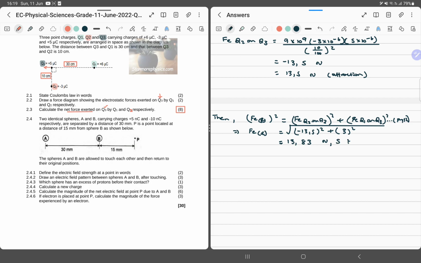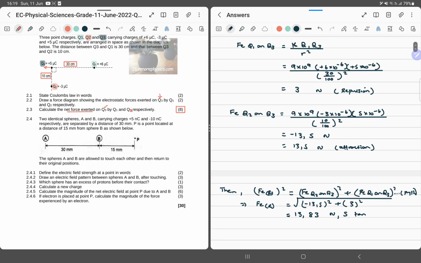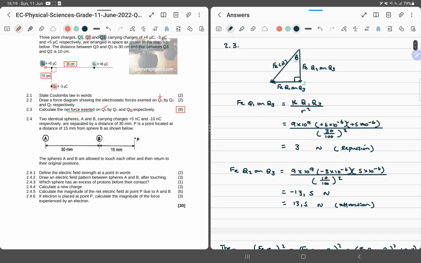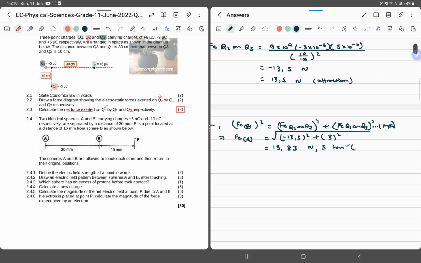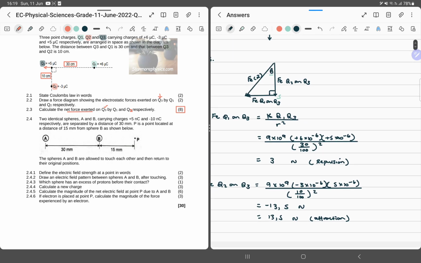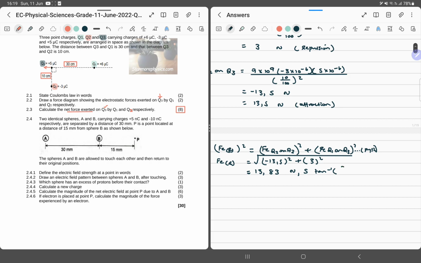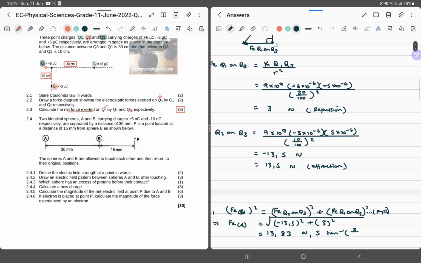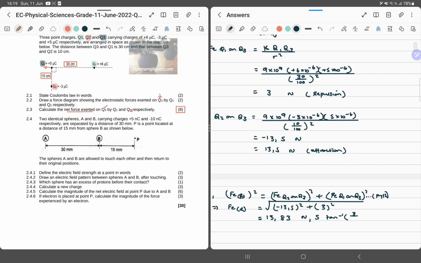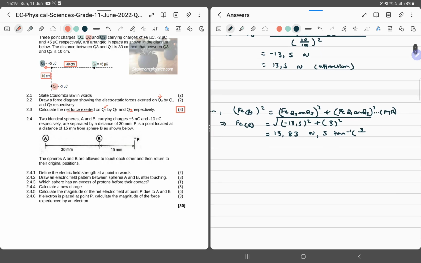We're going to go arctan, because remember we've got the opposite and the adjacent, so that's a tangent. Arctan of, what is that? The opposite is the Q1 on Q3, which is basically 3 over, now we're going to focus on that 13,5. So we're just not going to worry about the negative at the moment.